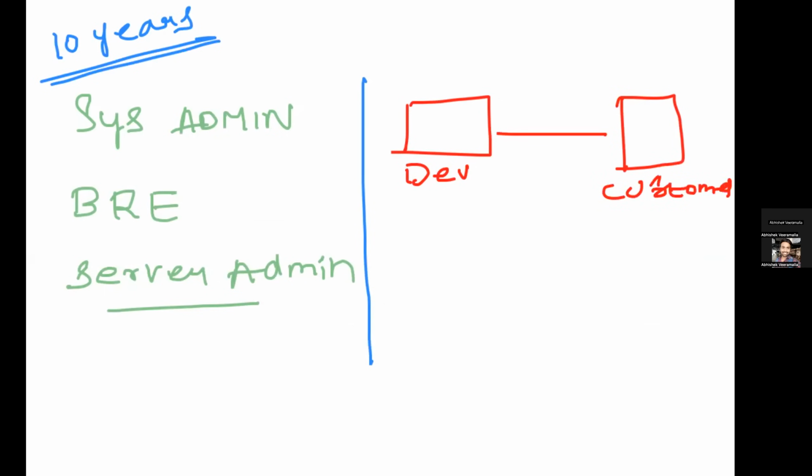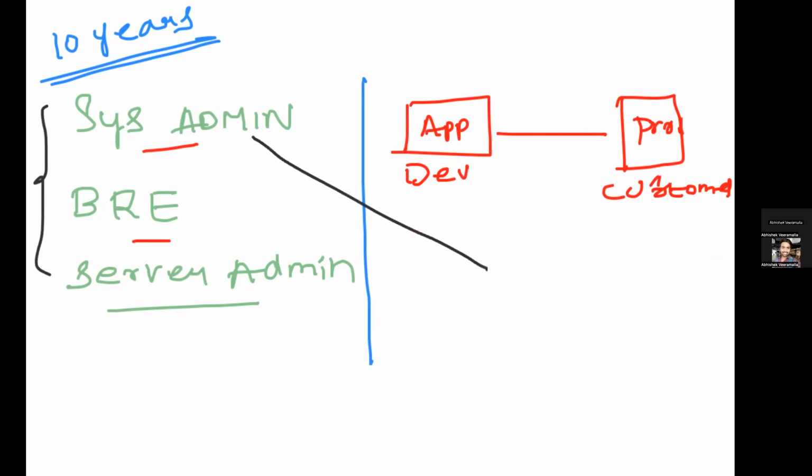There were these three different roles involved. What were we developing? Application to production. For this process there were these three people actively working. One is the system administrator. What was the system administrator doing? He was creating a server. Why is a server required?